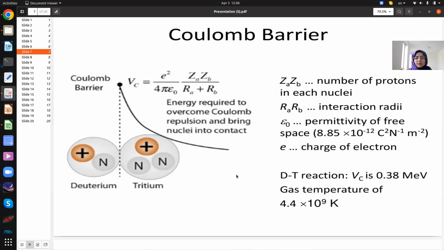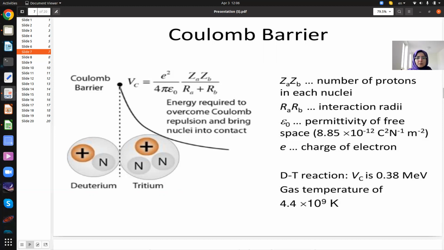For the DT reaction, the Coulomb barrier is 0.38 mega electron volts, corresponding to a gas temperature of 4.4 times 10 to the power 9 Kelvin. Here you see deuterium, and here we have tritium.